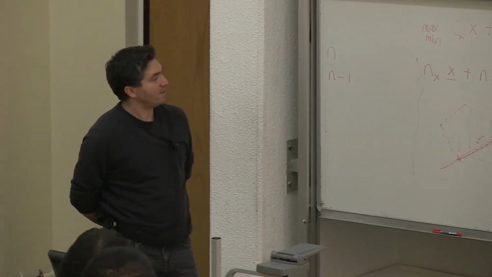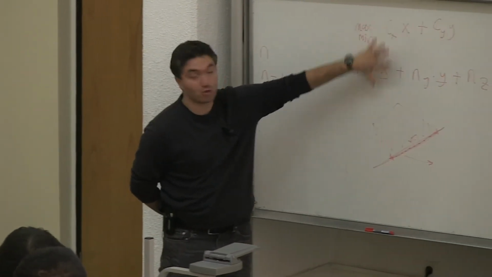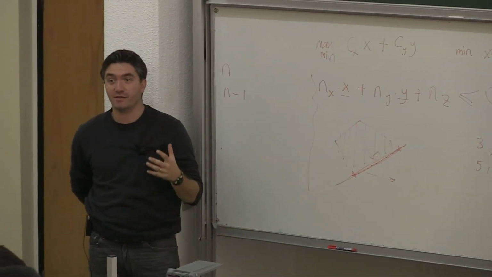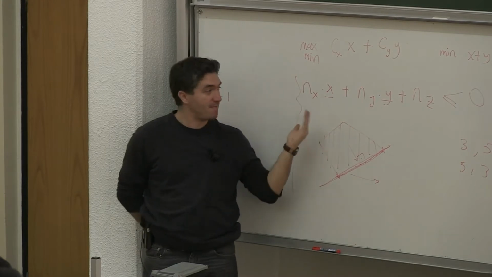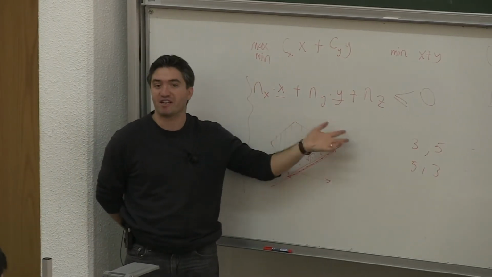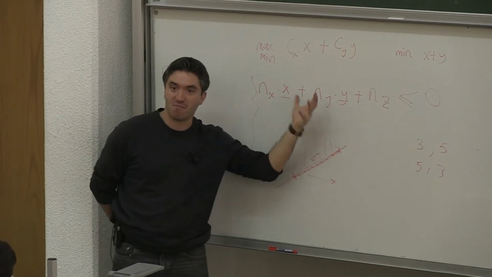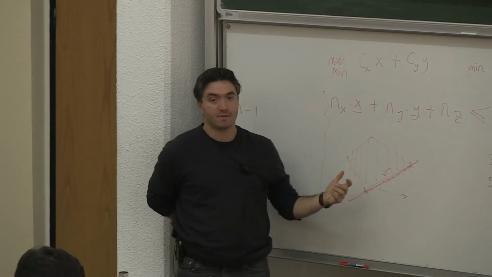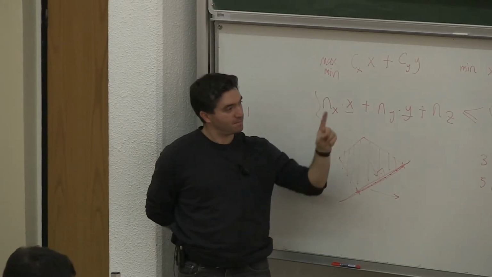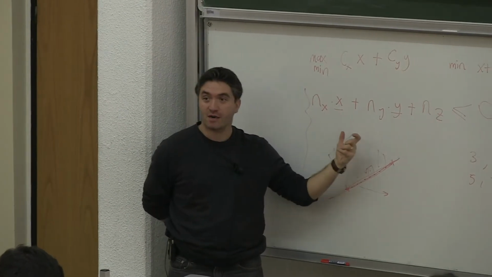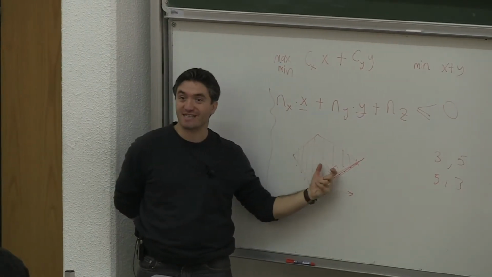Now, we are going to see that we'll be able to solve this problem. In general, linear programs may contain multiple variables, x, y, z, w. Here, in this specific geometric problem, all our constraints are going to contain two variables, x and y.